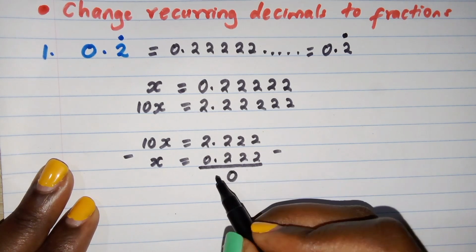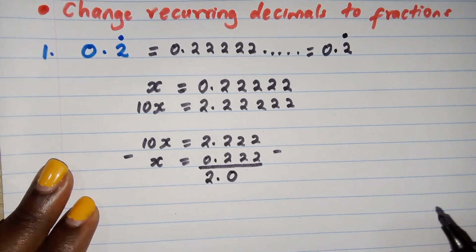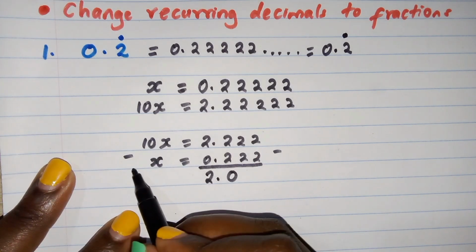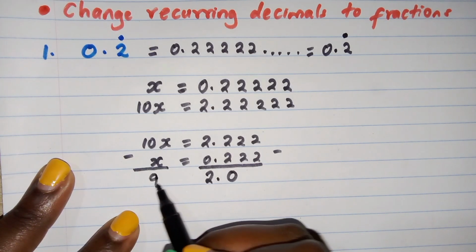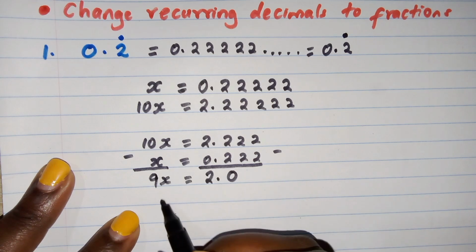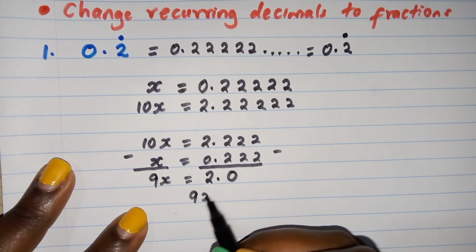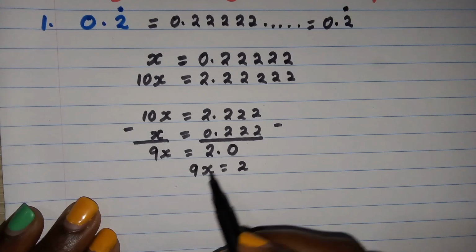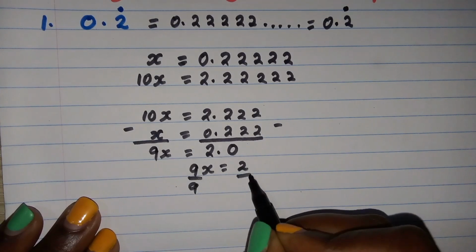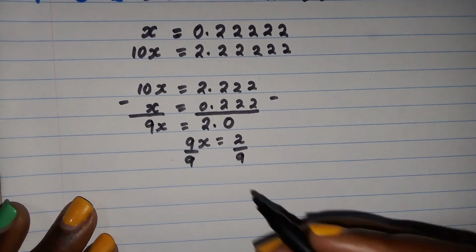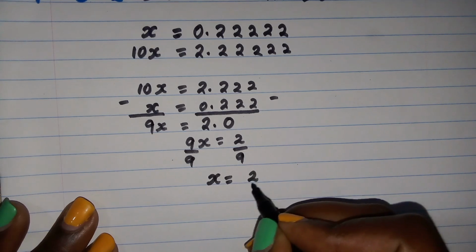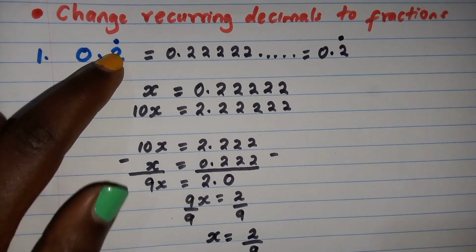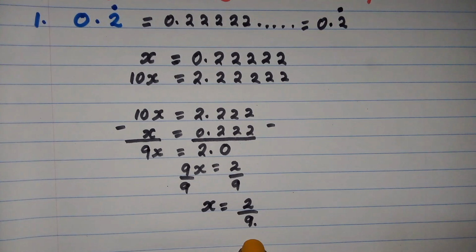Then 2 minus 0 is 2.0, so at least we have a whole number. 10x minus x is 9x. So we have 9x equals 2. Get rid of the 9, divide both sides by 9, and therefore the fraction would be 2 over 9. So 0.2 recurring can be written as 2 over 9.